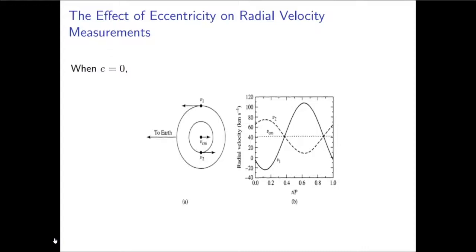As I was saying, in a spectroscopic binary we can't really resolve the individual stars. We get the spectra of the combined stars, and from that combined spectrum you can't resolve what the spectrum of one star is and what the spectrum of the other star is.